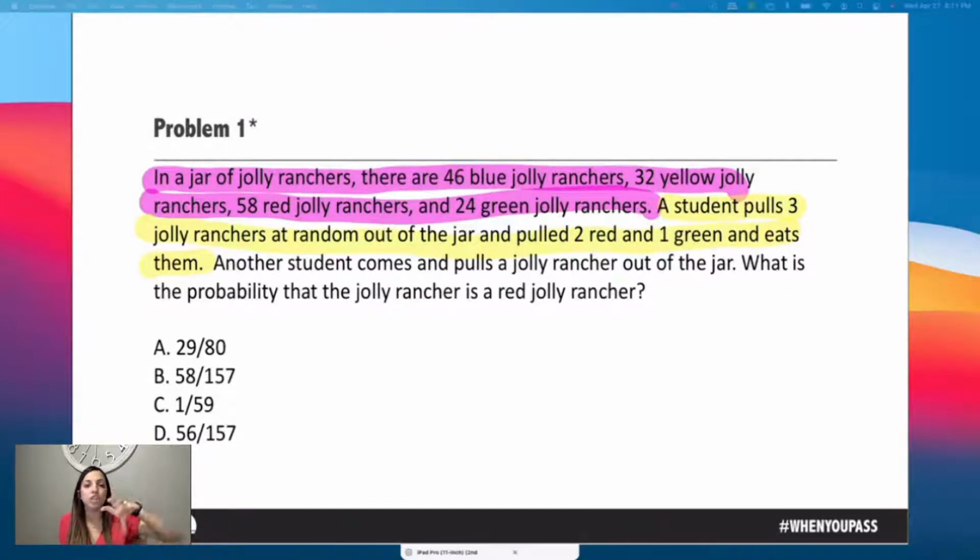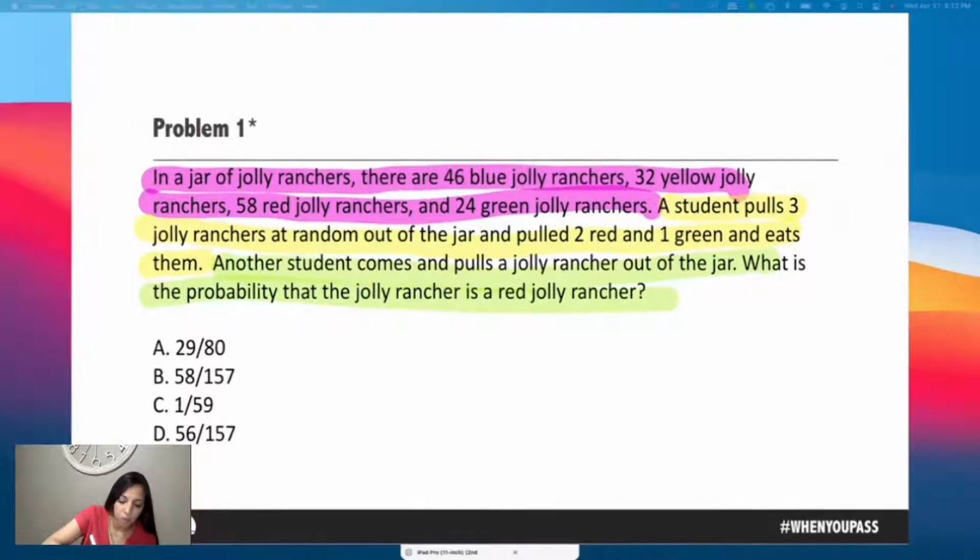Because it's going to change the number of Jolly Ranchers in the jar when the second student comes along to pull Jolly Ranchers out. So we've got 3 different sections of information here. When we solve probability problems, we have our desired over our total.